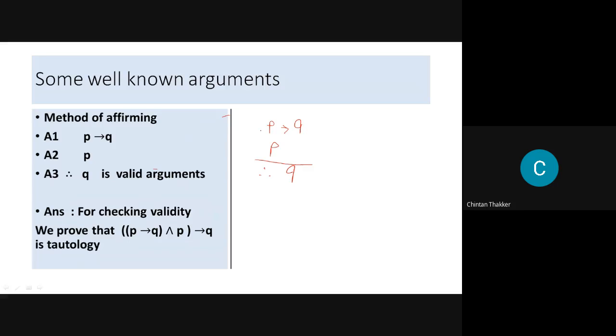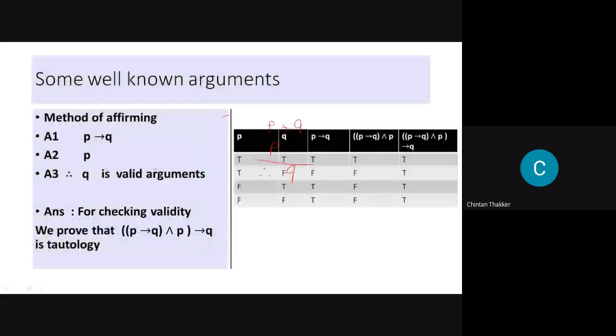These two are in an AND statement, and then this Q in a conditional statement. First two in an AND statement, and this is a conditional statement. Now, if we check the truth table here, then see, this is the table.